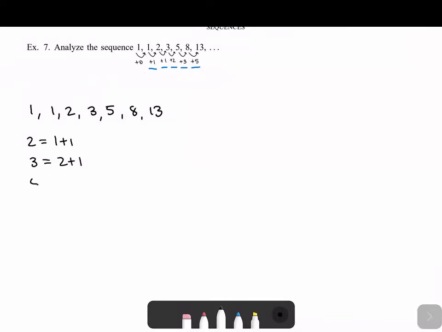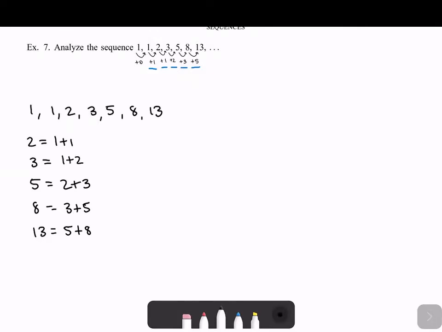We have 5 equals 2 plus 3. 8 equals 3 plus 5. And 13 equals 5 plus 8. I'm actually going to rewrite this one to be 1 plus 2.